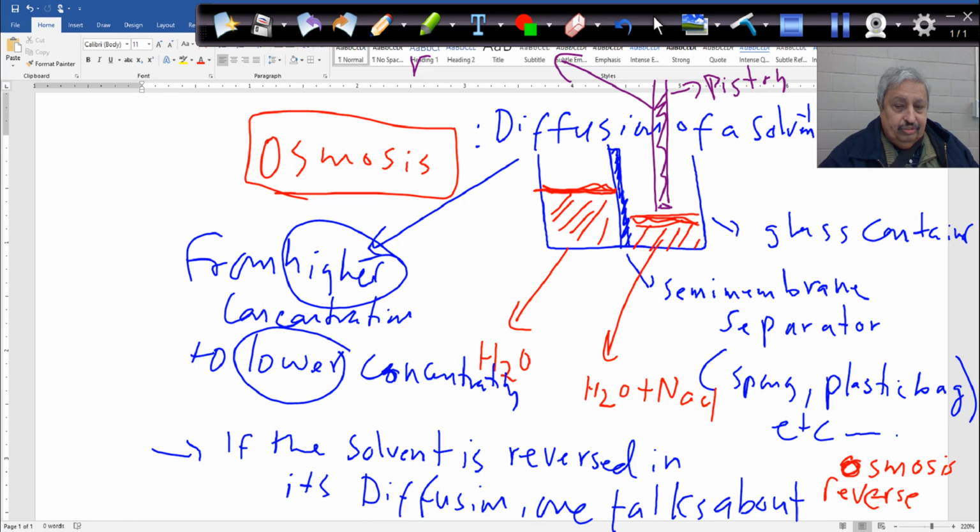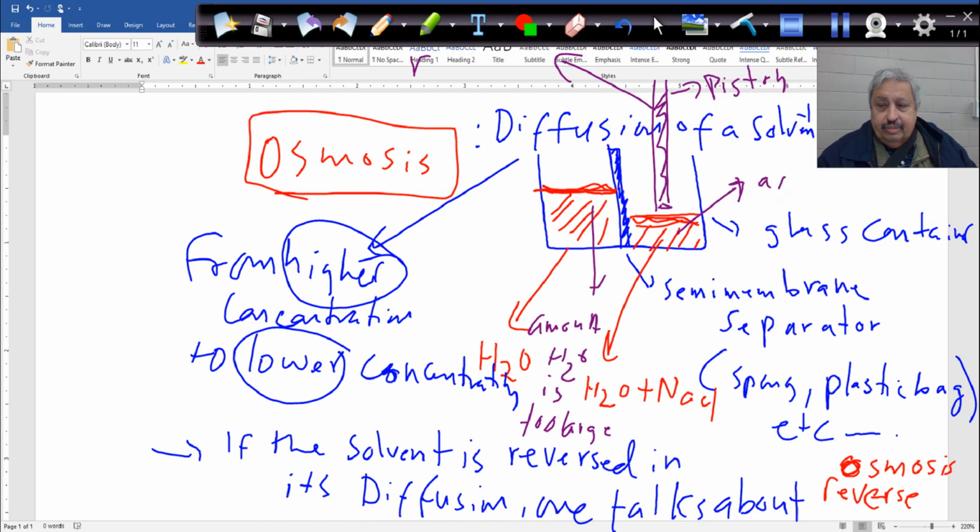The amount of H2O here is too large or too high, whatever you call it. Here, the amount of H2O is too small, correct?